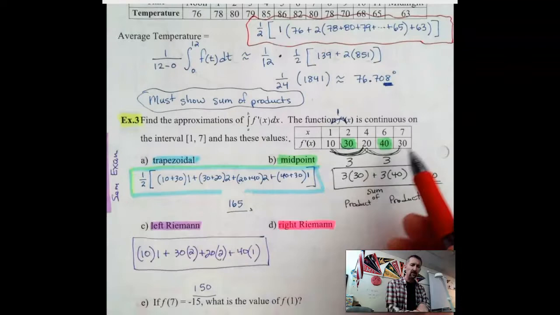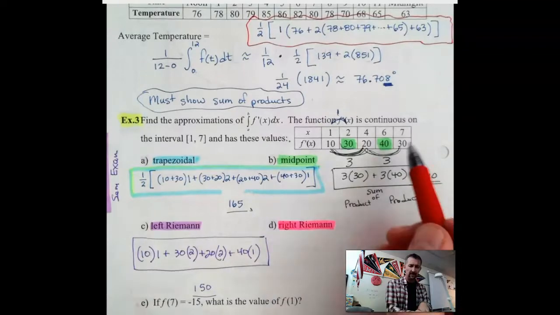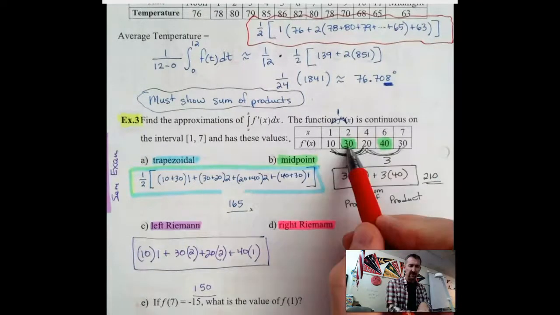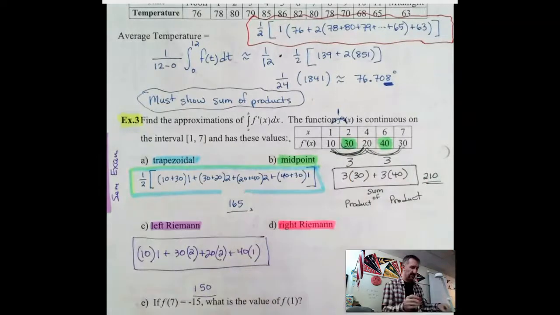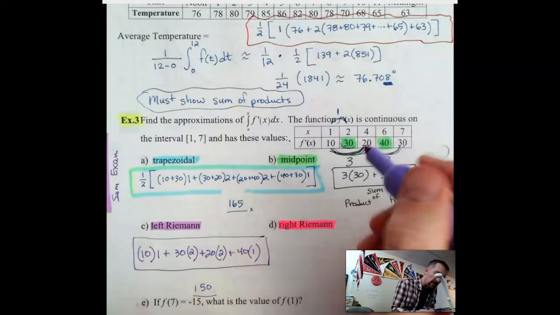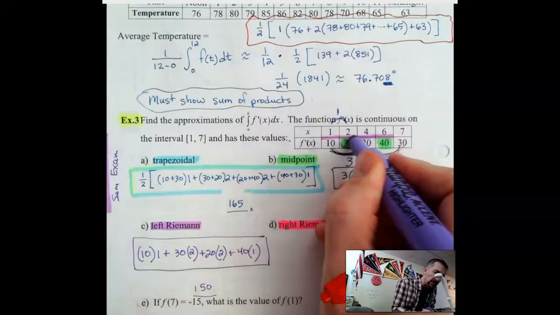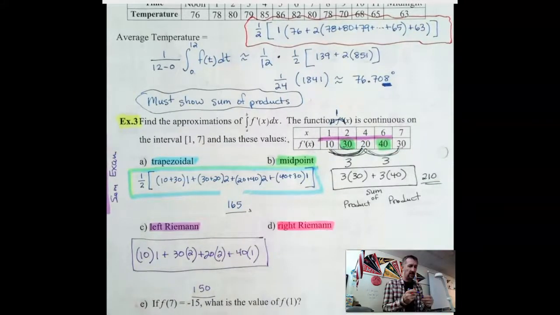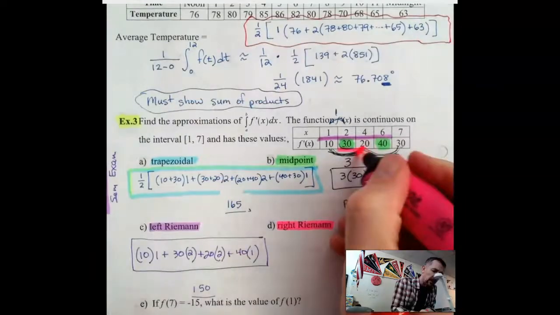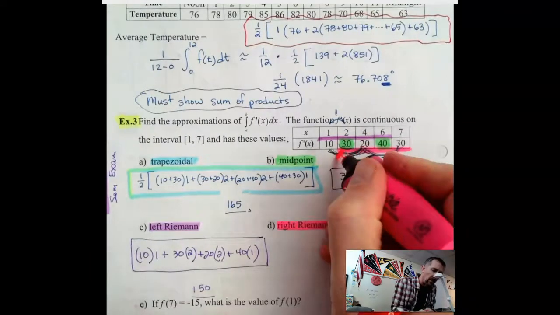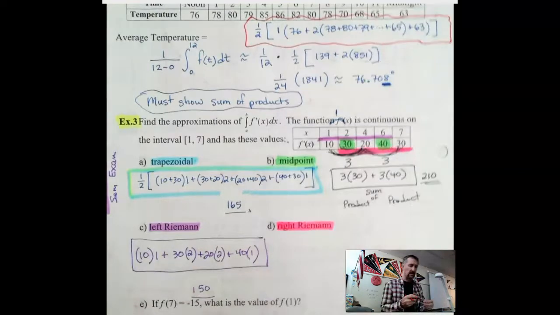So now right Riemann sum, that just means we're going to take the 4 numbers on the right instead of the 4 numbers on the left. So how do I want to show this? So the left Riemann sum was these 4 right here. And the right Riemann sum is going to be these 4 on this side.